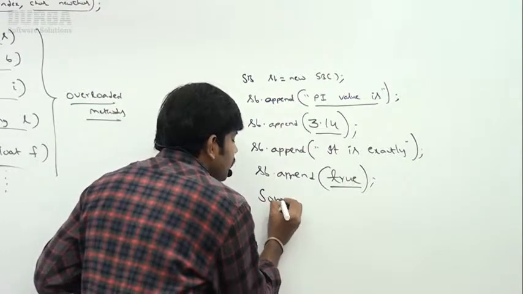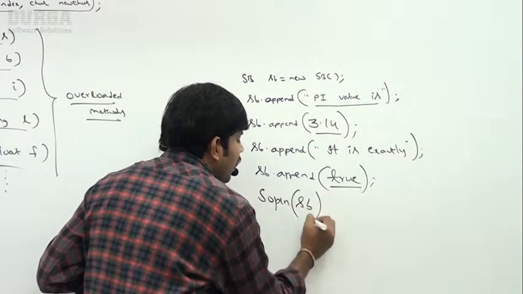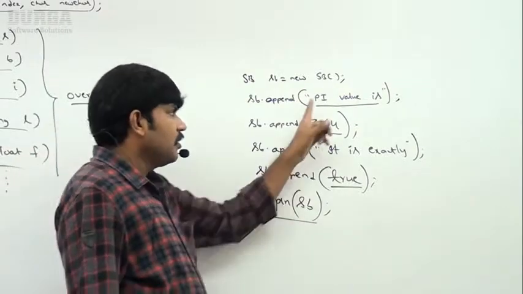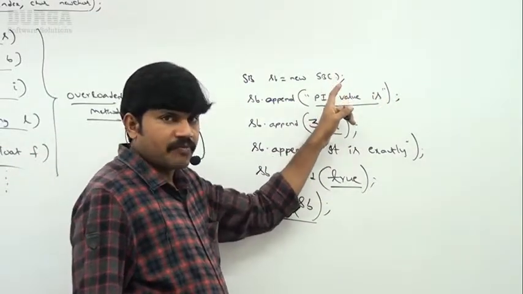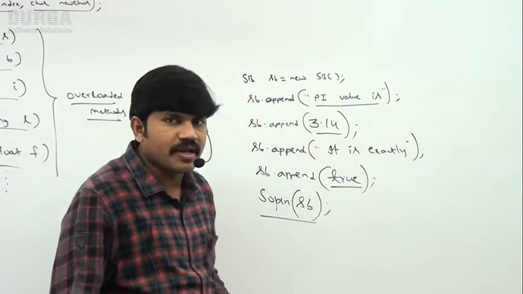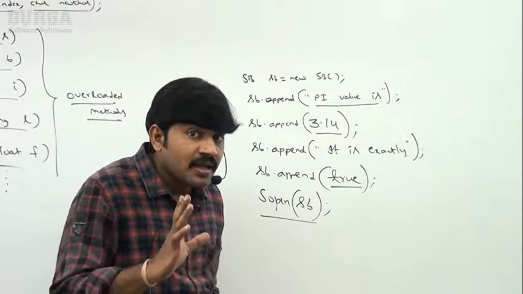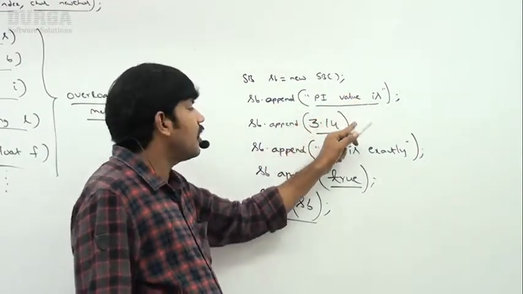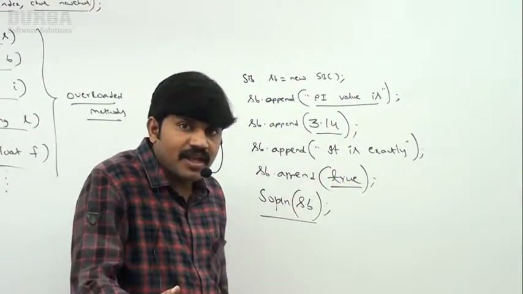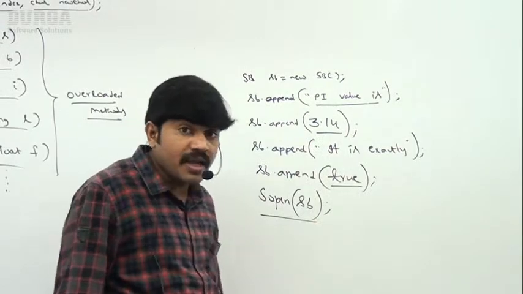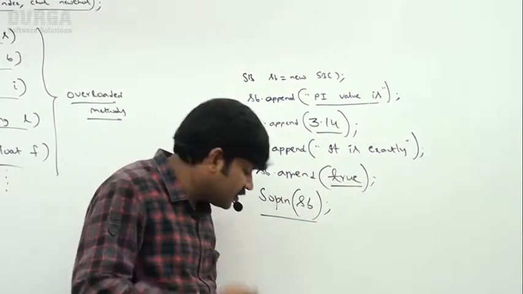Now System.out.println of SB. Are you getting? SOP of SB. What are the answers? Pi value is 3.14. It is exactly true. This is the answer we are going to get by default. So don't feel append is always applicable only for a string argument. For double argument, Boolean argument, int values, for any type of argument, you are happily allowed to take it for the append method.